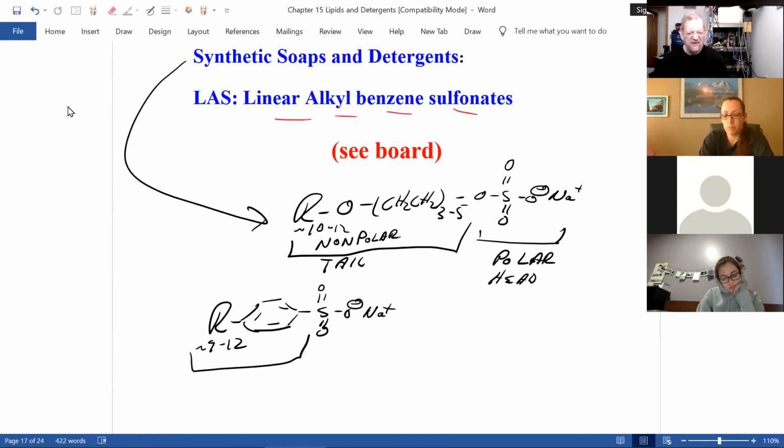And this part here, long R group in a benzene ring, is nonpolar. Tail. This part is a sulfonic acid group that's been reacted with base, and this is your polar head.